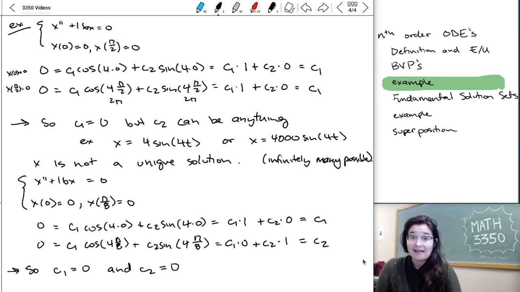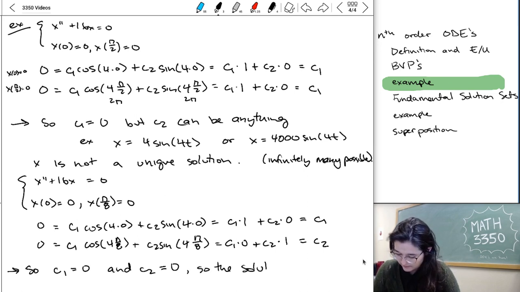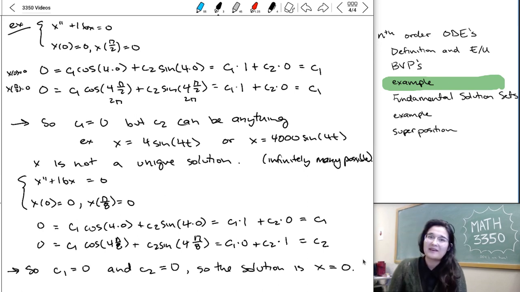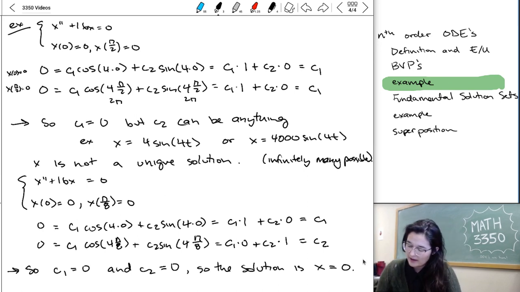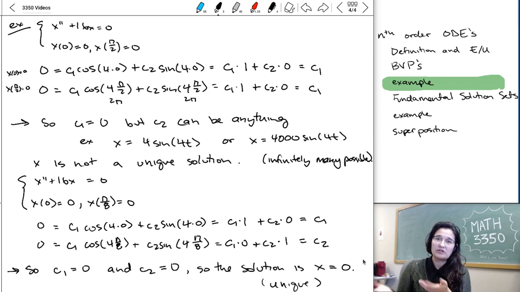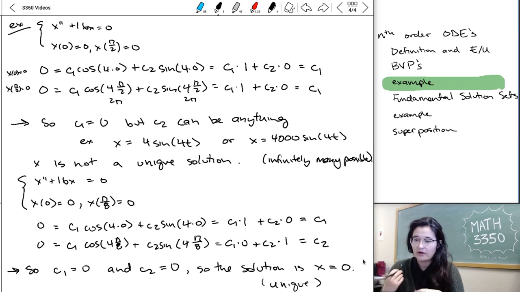So there is exactly one solution. Unfortunately, that solution is just x equals 0. So it is a unique solution. We'd also consider it a trivial solution because 0 is going to be a solution to lots of things.